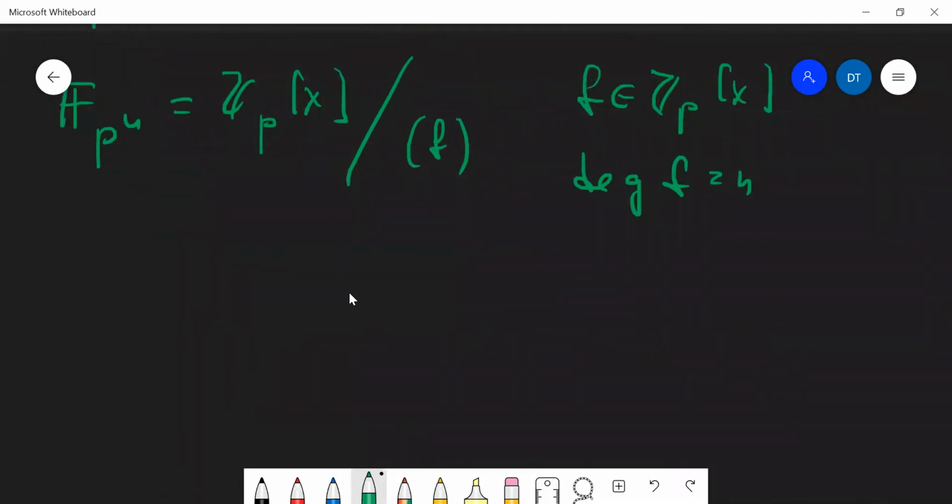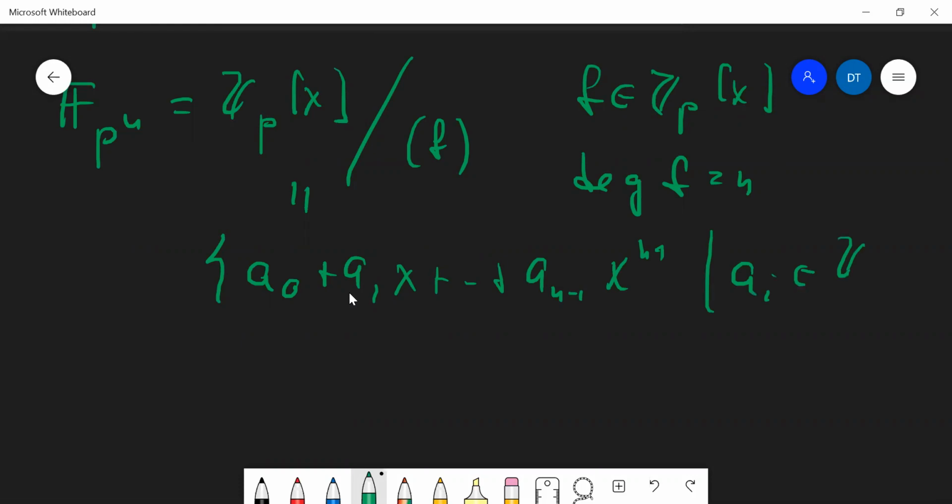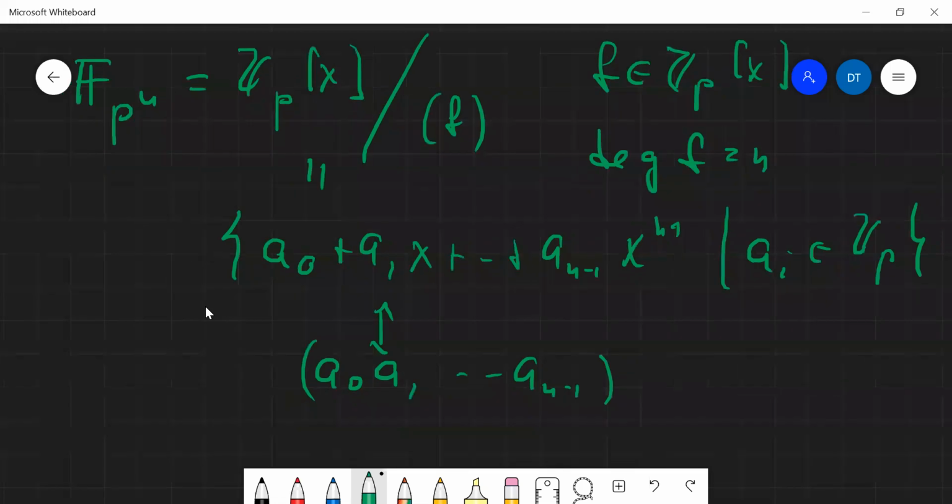So then you identify this set with the set of polynomials of degree strictly smaller than n. So each polynomial is uniquely determined by the sequence of coefficients.